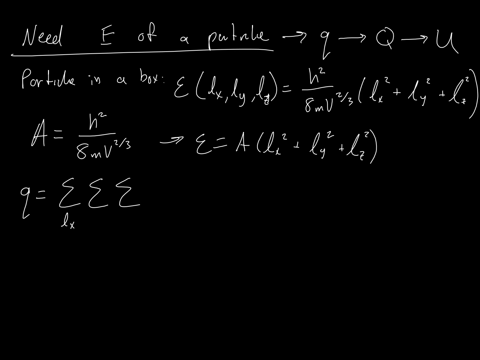So I have to sum up over every possible Lx, every possible Ly, and every possible Lz. And I scale that by theta, which is my reservoir property. All we're doing is following along what we've done so far, just scaling all the possible states to get our partition function. And this term here, I just put as a function, where epsilon is a function of these three variables, as opposed to writing out the whole function.